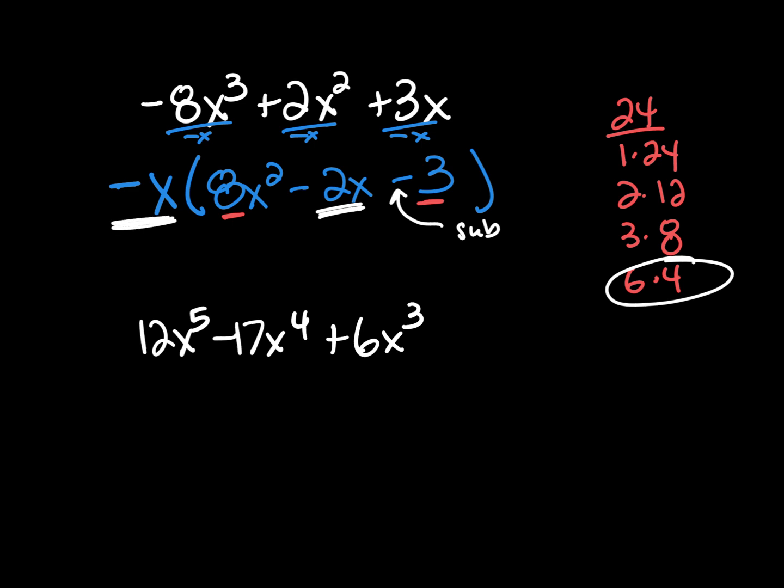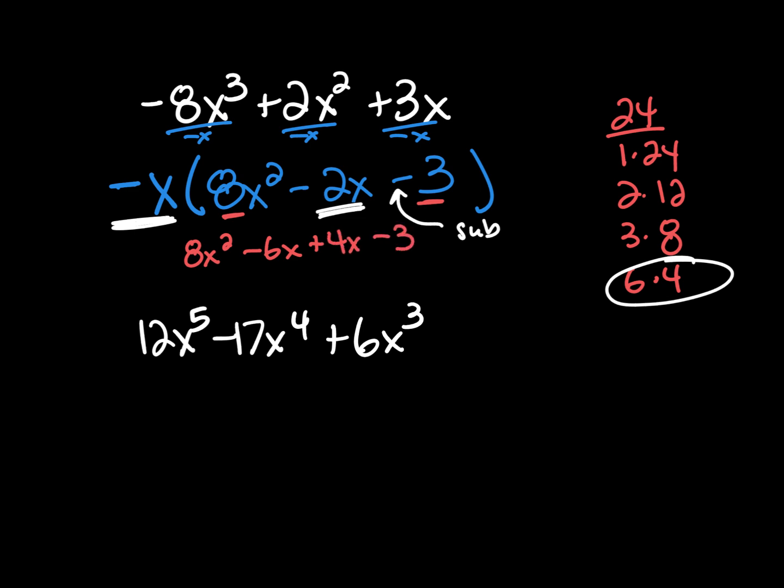He is part of the final answer, but I'm not going to do anything with him right this second. So I'm going to rewrite my trinomial with 4 terms. I have 8x squared, minus 6x plus 4x, and then there's my minus 3.